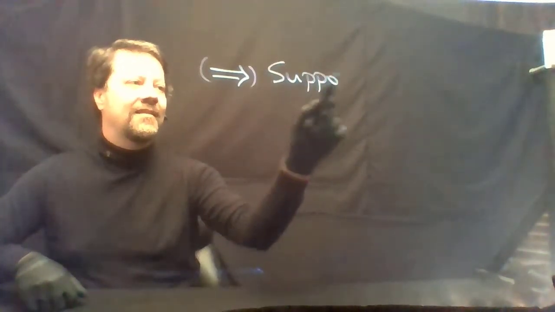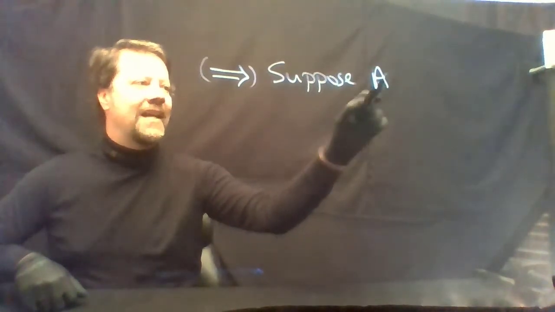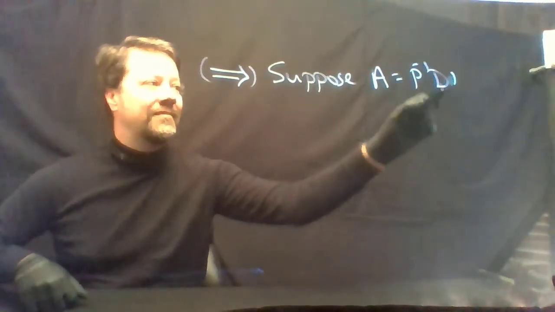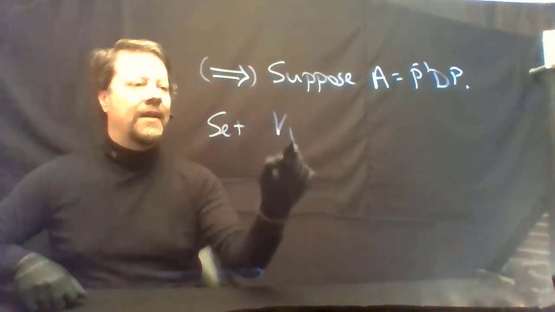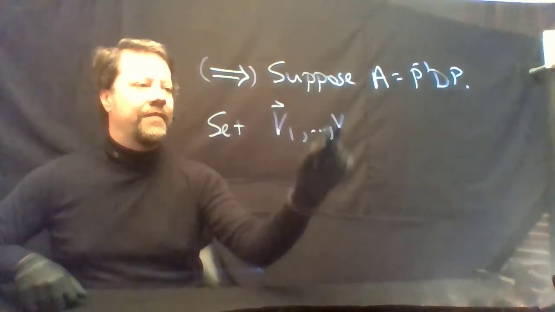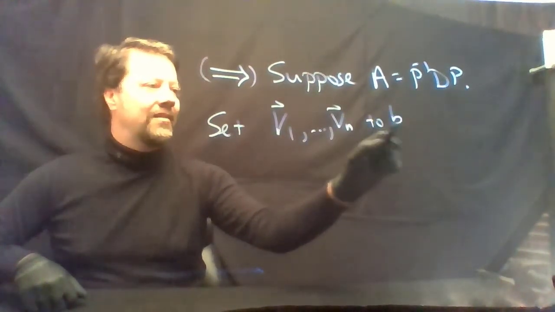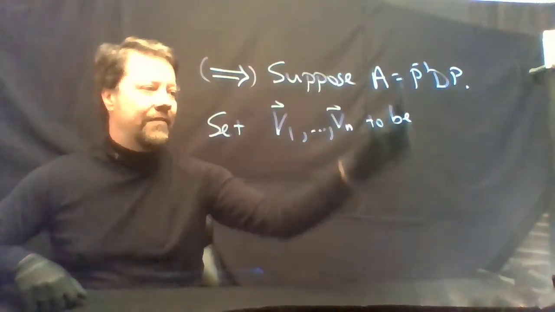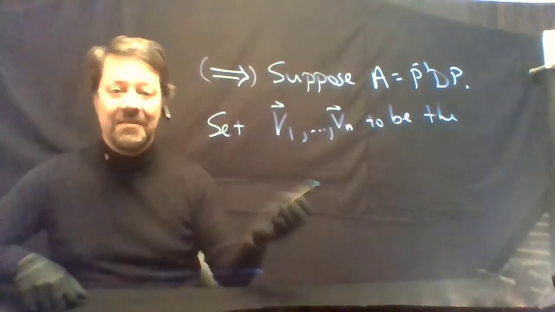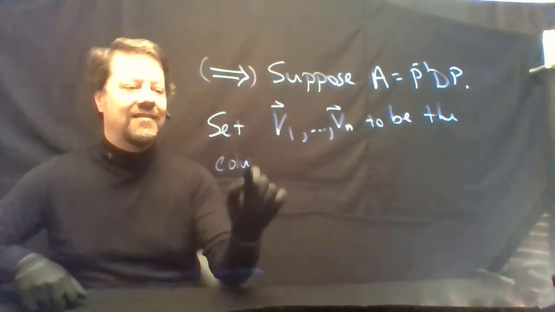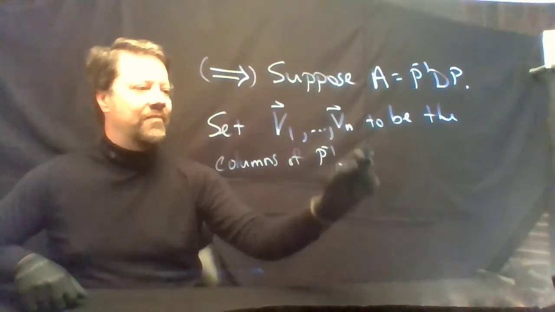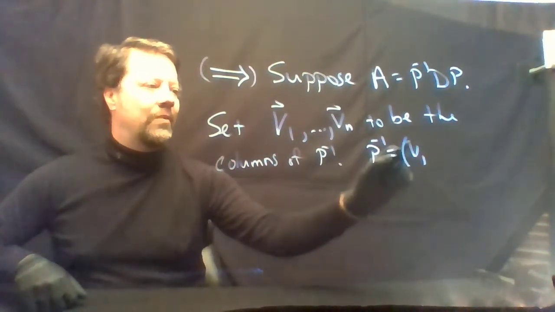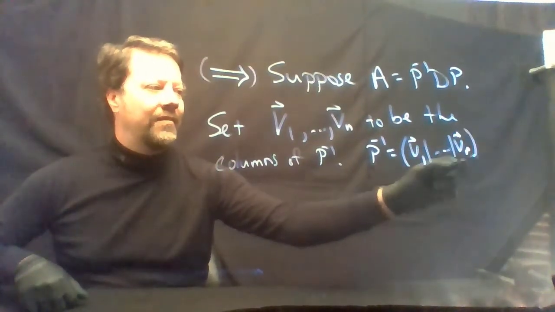In the other direction, suppose the matrix A is diagonalizable. We'll set v1 through vn to be the columns of P inverse, in light of our proof in the other direction, so that P inverse is v1 through vn.